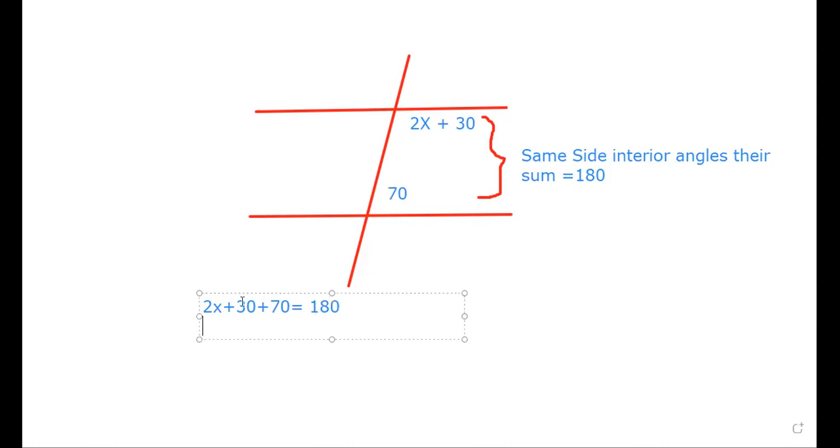Then 2x equals 180 minus 100, which is 80. Then divide both sides by 2, and the value of x equals 40, right?